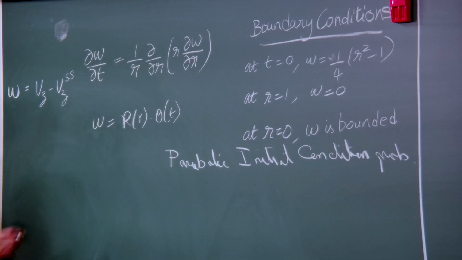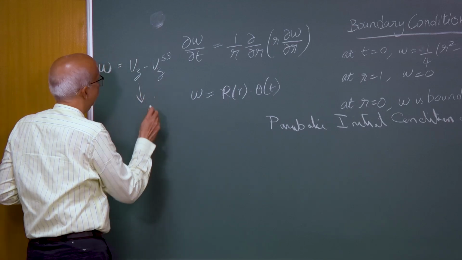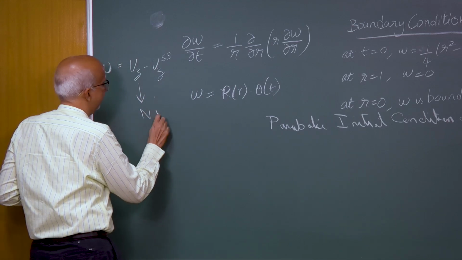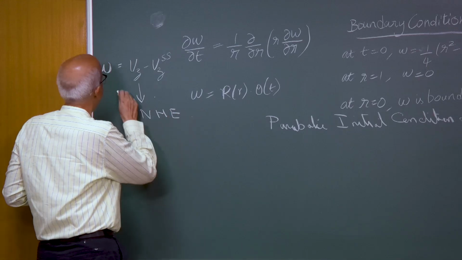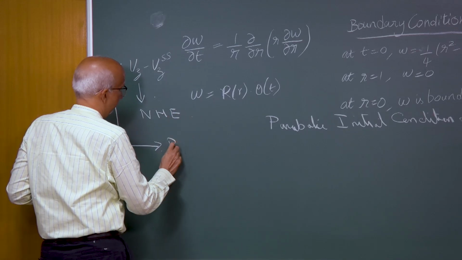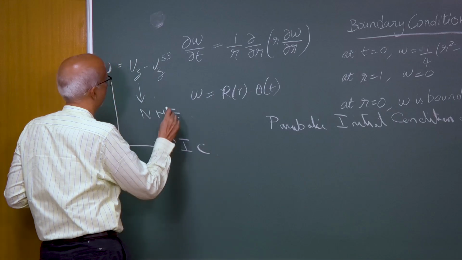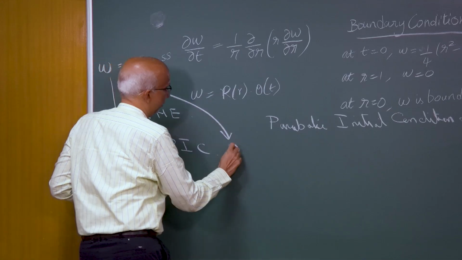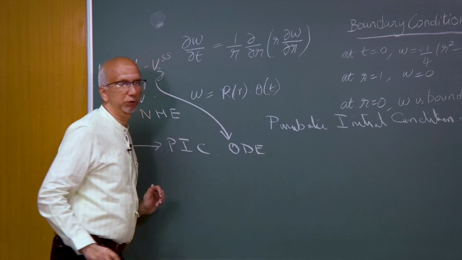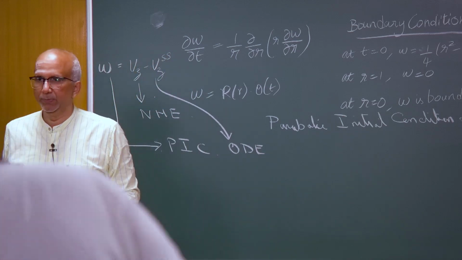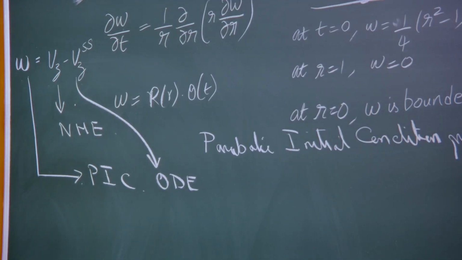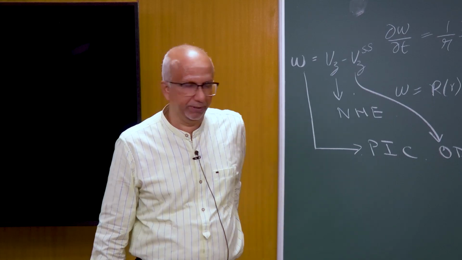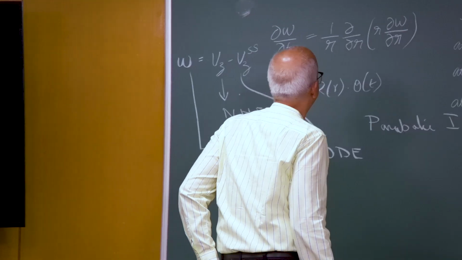So, Vz is governed by a non-homogeneous equation, and this W is governed by a parabolic initial condition problem, which you know how to solve. This was an ODE, which gives you the laminar profile, and of course, all these equations are linear, which makes it possible for me to solve it analytically. Otherwise, I have to write some computer code or something. So, that is the idea.